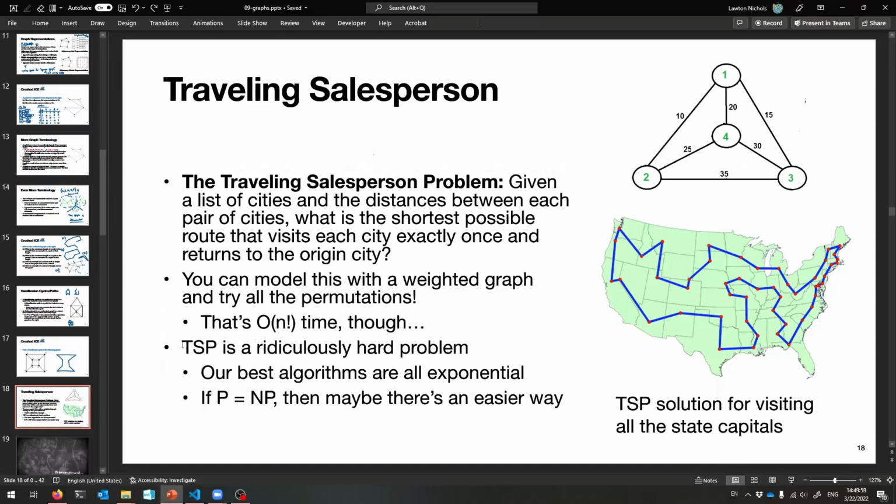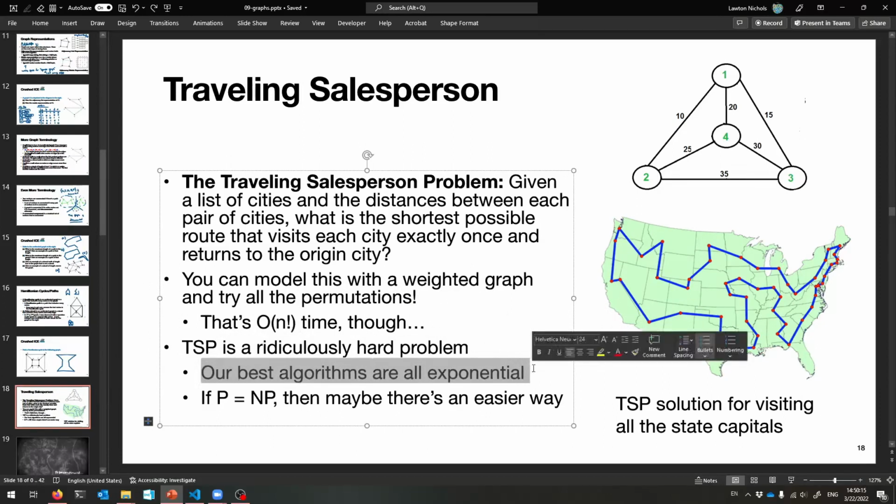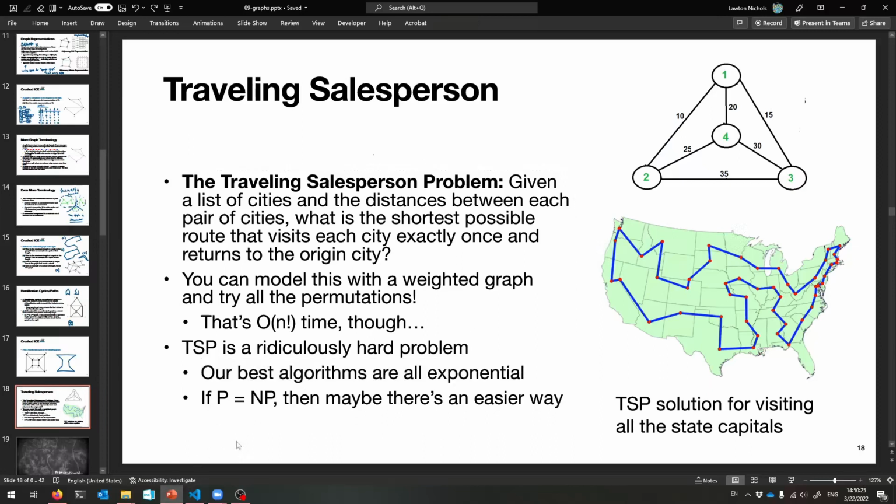And it just so turns out that to solve a traveling salesperson problem on an arbitrary graph with arbitrary weights is insanely hard. You can't really do better than factorial time, okay? Our best algorithms for finding the smallest weighted route between a bunch of nodes in a graph, visiting all of them and coming back to the start, are all exponential time. Oh man, that's crazy.